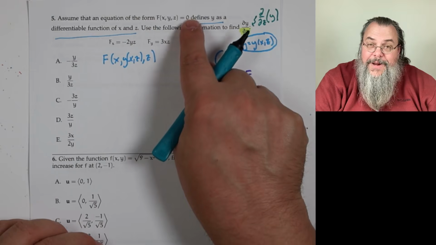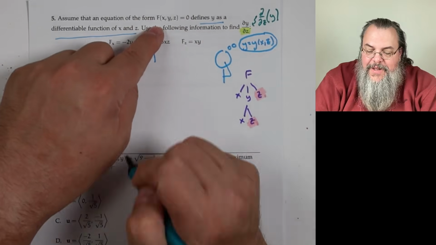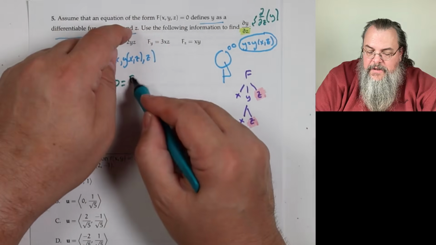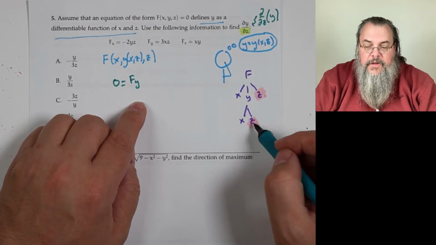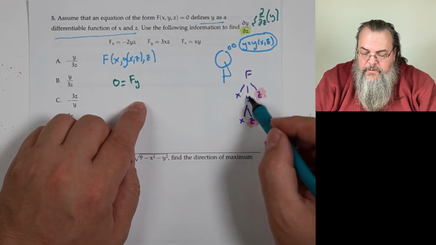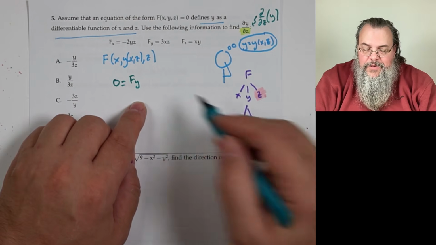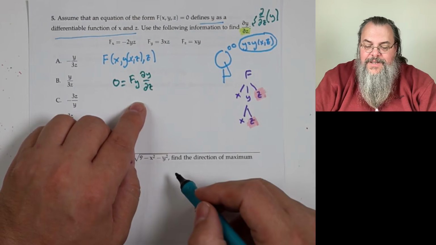So, according to the diagram, if we take the derivative of both sides with respect to z, well, the derivative of the right-hand side is 0. So let's do the derivative of the left-hand side. Well, we have an f sub y, and then we say, well, y with z, right? F derivative with respect to y, y derivative with respect to z. What is the derivative of y with respect to z? It is what we're looking for, partial y partial z.